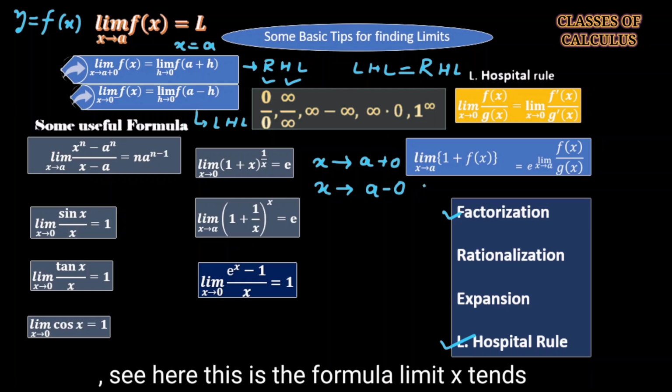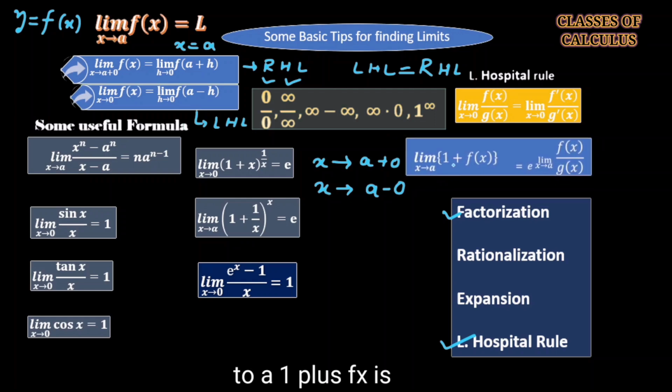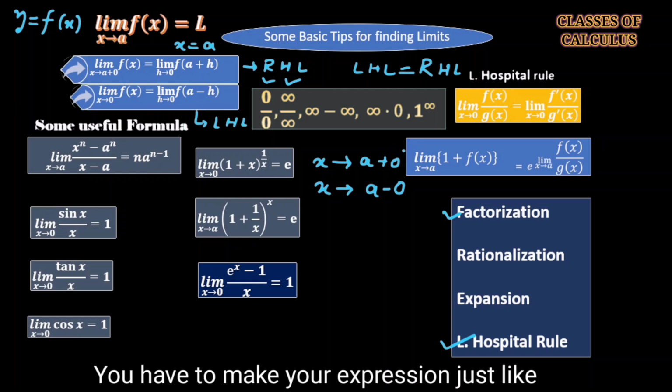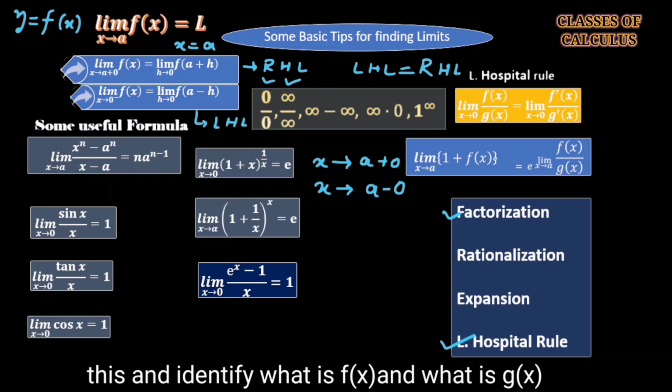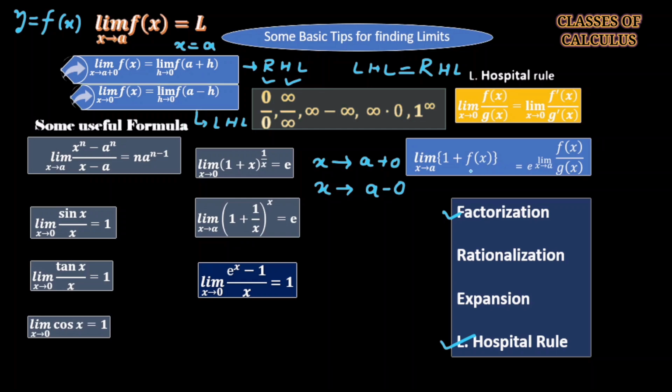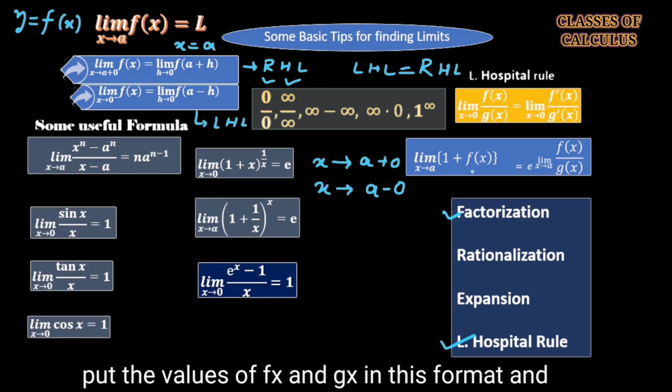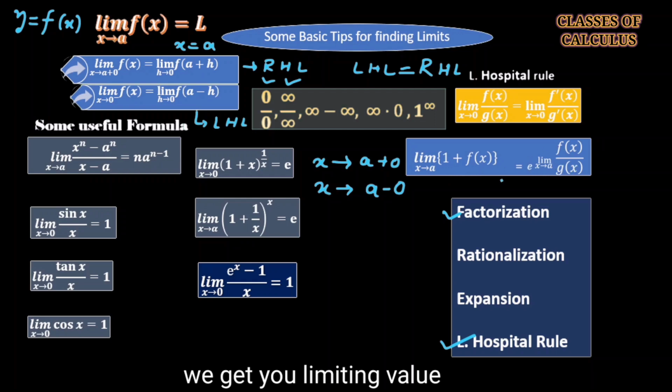Limit x tends to a, (1 plus f(x)) to the power 1 by g(x), is equal to e to the power limit x tends to a of f(x) by g(x). You have to make your expression like this and identify what f(x) and g(x) are, and then put the values of f(x) and g(x) in this format and you will get your limiting value.